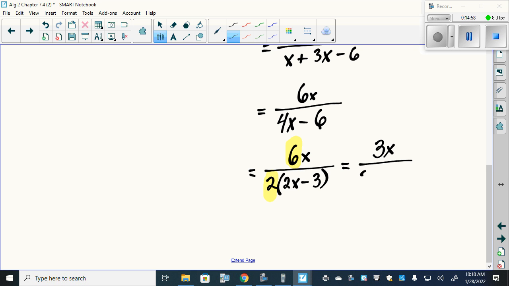And then the denominator is 2x minus 3, and that's it. We can't simplify the x's because in the denominator it's 2x minus 3. Those are stuck together. Questions on this here?